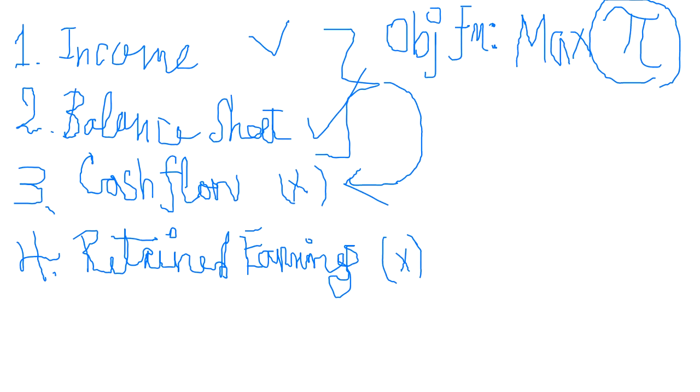We understand that the objective function of the firm is to maximize profit, and the profit is the return on all the investors' input, or the investment. In other words, capital provided to the company, right?